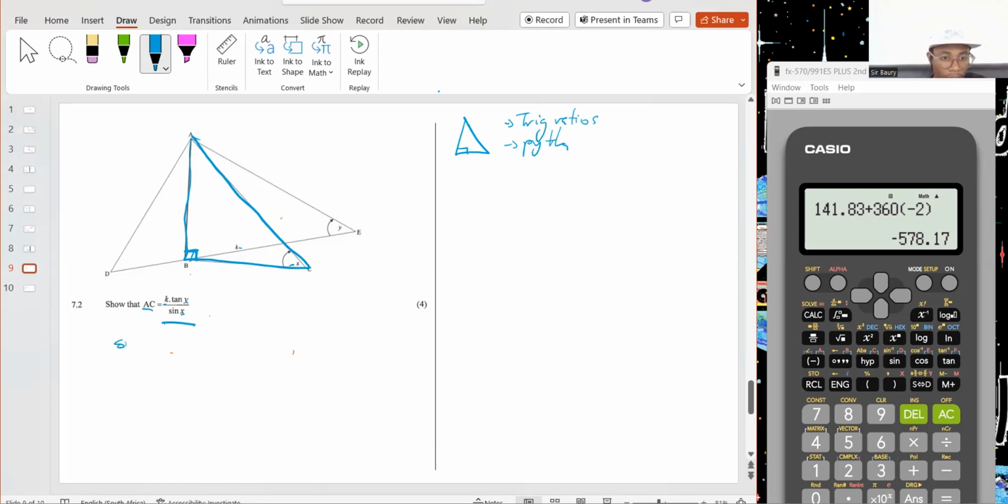Sine of x is the opposite side over the hypotenuse. The opposite side is AB. The hypotenuse is AC. So this makes AC equal to AB over sine x. This will be my first equation.